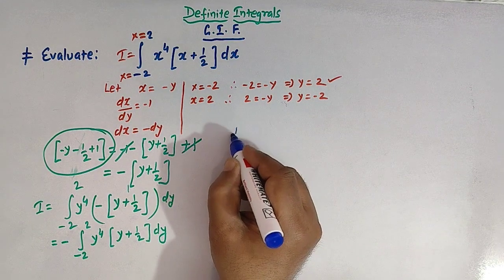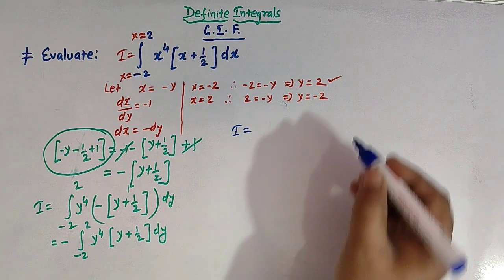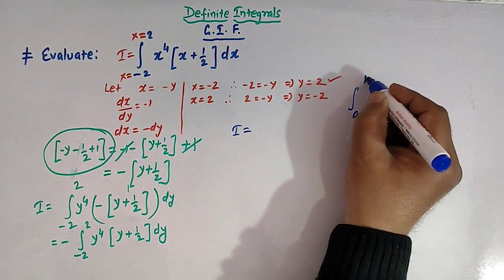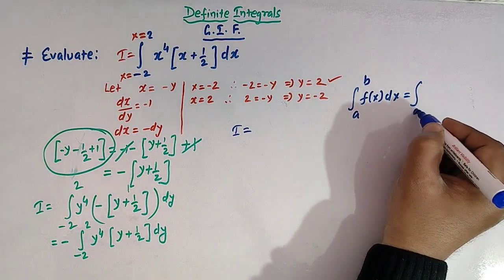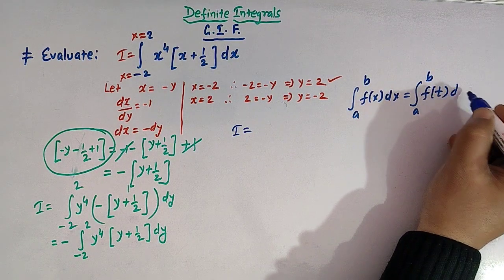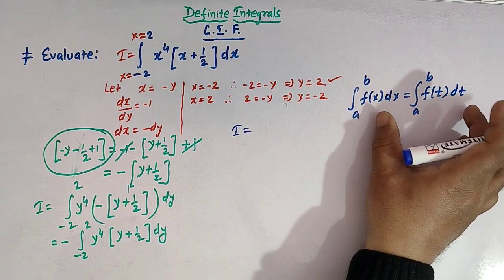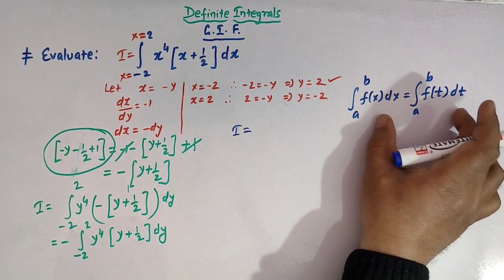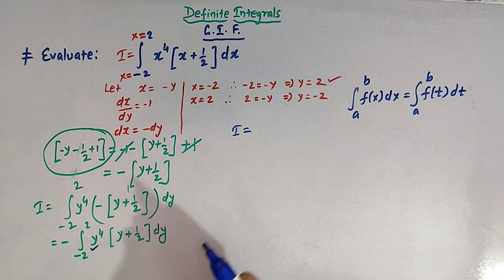So by making use of the dummy property of definite integrals, that is the integral from a to b of f of x dx is the same as the integral from a to b of f of t or f of y dy or f of t dt. So this is the dummy property of definite integrals. So here we can now simply replace the variable y by x.